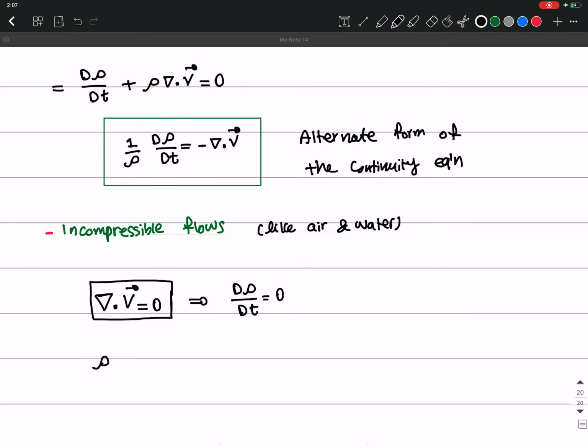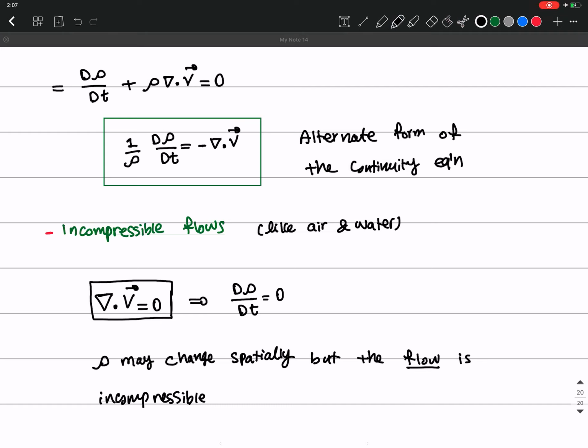But rho, or density, may change spatially, but the flow is incompressible. What does this mean?